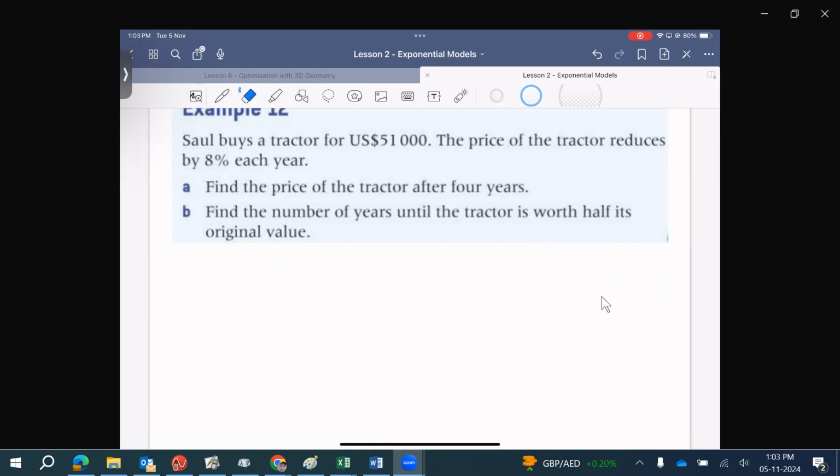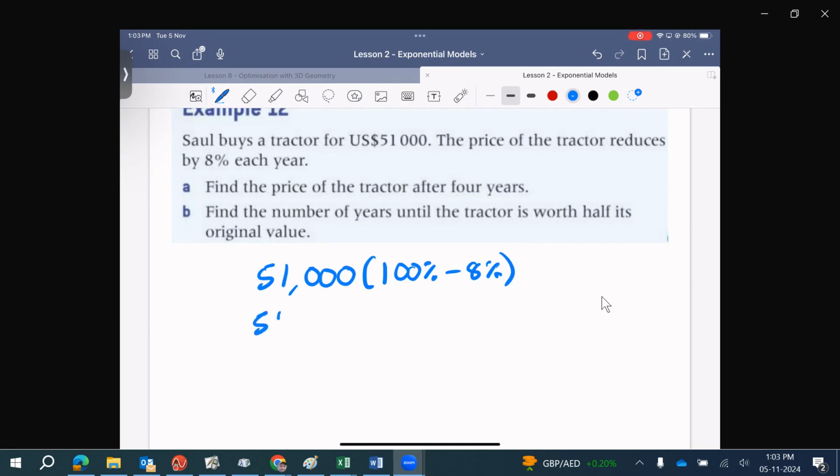So what we want to do is multiply 51,000 and reduce this by 8%. What do we multiply it by to reduce it by 8%? We multiply by 1 minus 8%. Let me do it all in percent: we want 100% minus 8%.